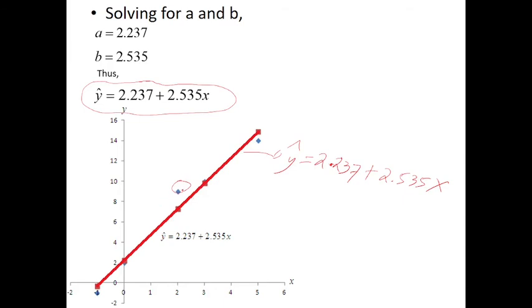So, yan yung actual graph ng y hat equals 2.237 plus 2.53x. And take note, hindi natin na-expect na magko-coincide, di ba? Kaya nga approximation lang. Okay?